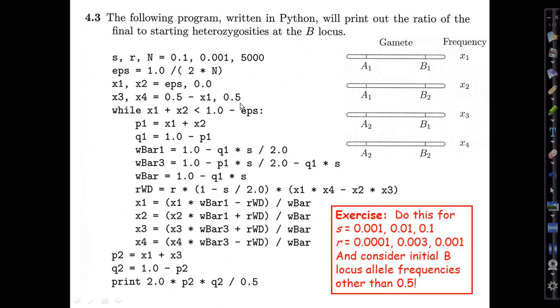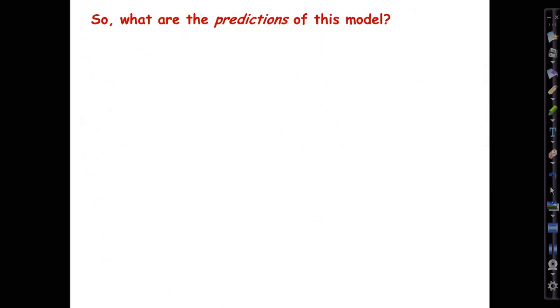He starts them all at a frequency of 0.5, which seems needlessly boring. And I think if you play around varying all three of those initial conditions, you'll get a feeling for how variable the outcome of draft may be, so that it does seem consistent with the pattern I just showed you around lactase. Okay, so now what about the general predictions of the model?